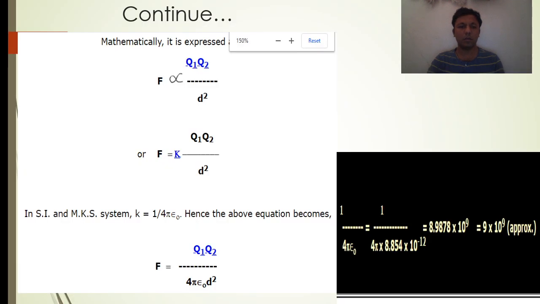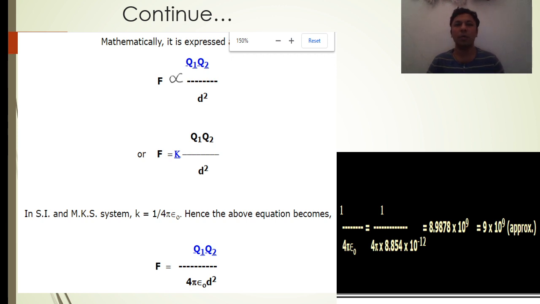If we simplify this sentence into an equation, we have F is proportional to Q1 Q2 divided by D square.